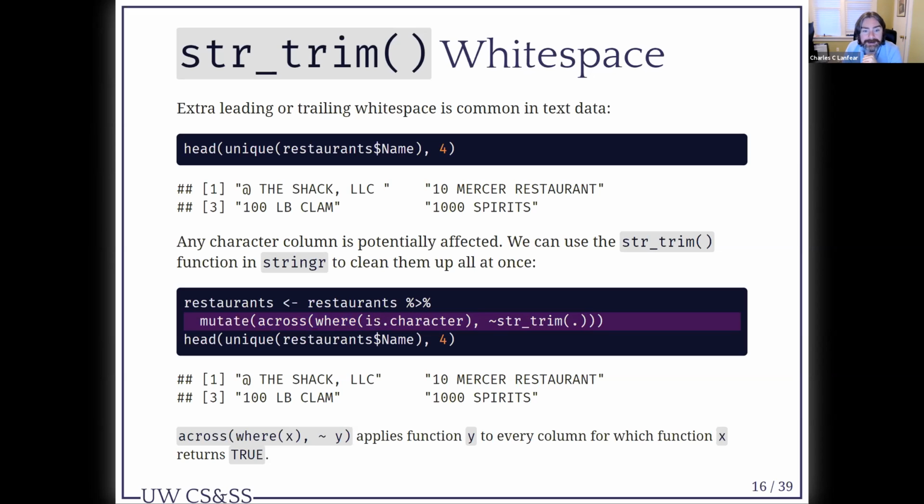So this is going to go through my data set and grab every character data column, the name and all that stuff. It's going to give it to stringtrim. Now you can see if I get the first 4 unique values of the restaurant's name column, at the Shack LLC no longer has a space at the end, but everything else has stayed the same. It hasn't gotten rid of spaces in the middle or anything like that.